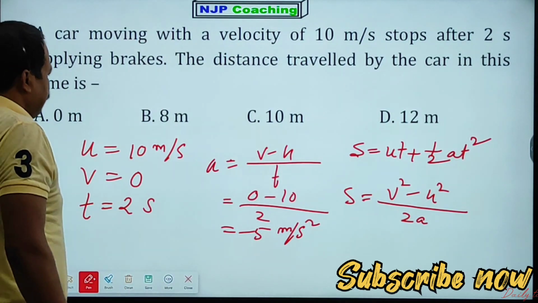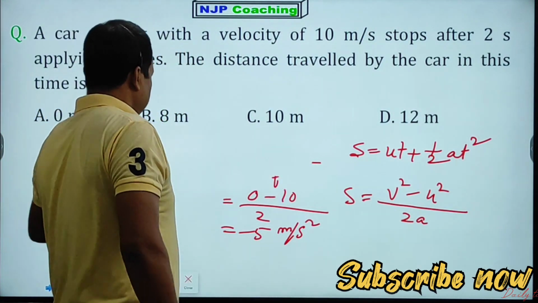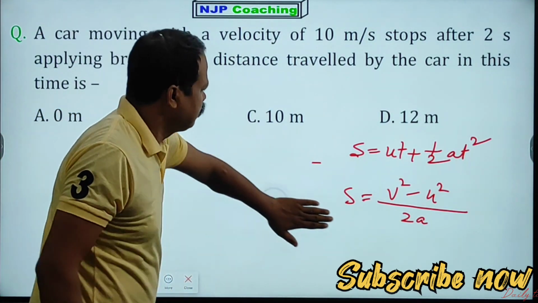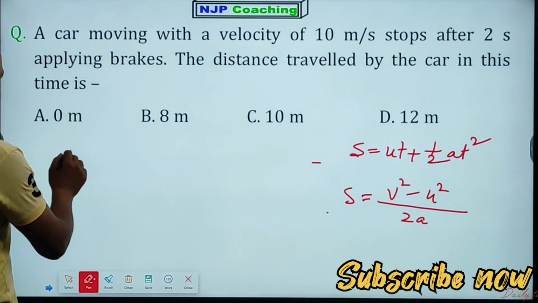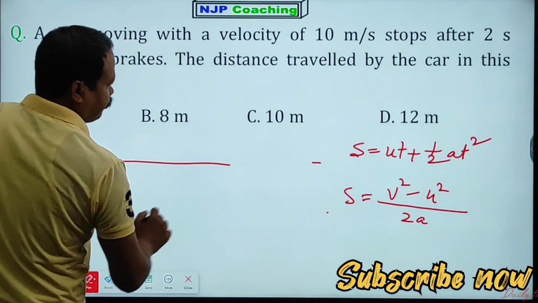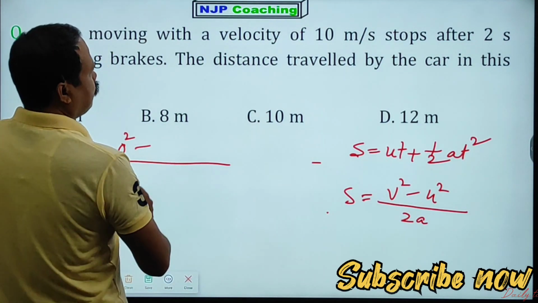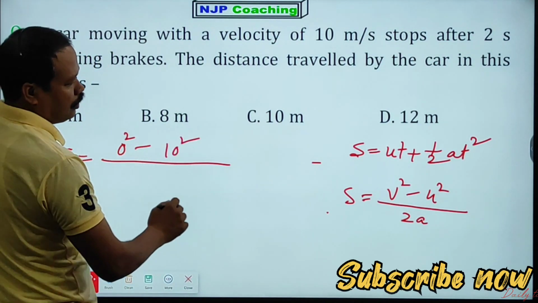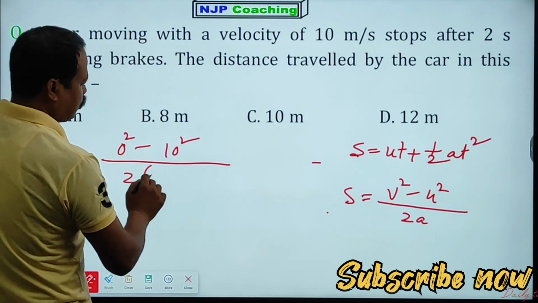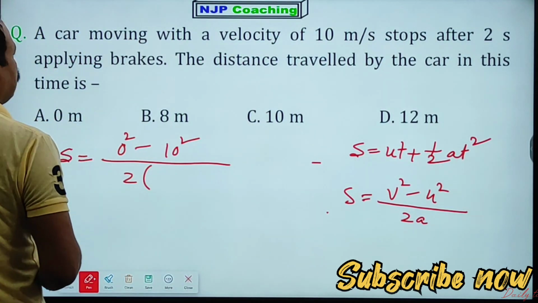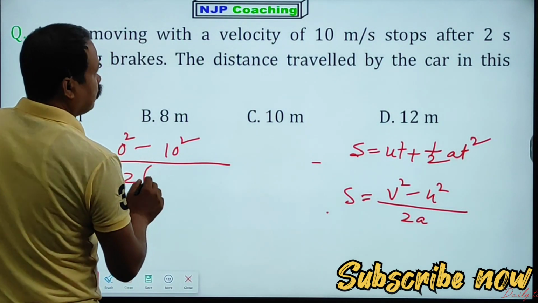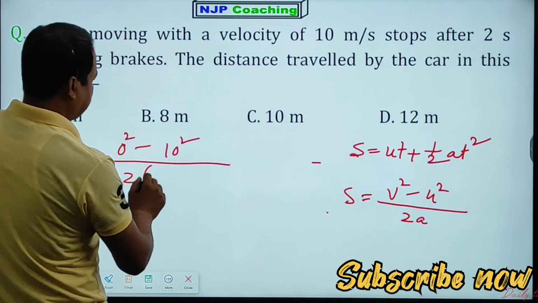If I use the second one, s equals 0 squared minus 10 squared, divided by 2 into minus 5.